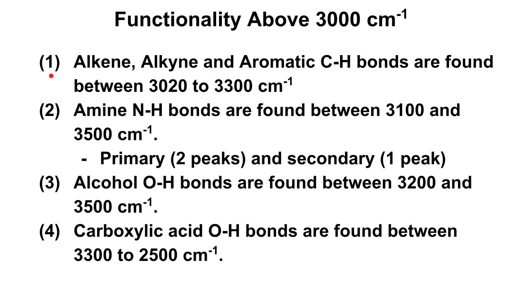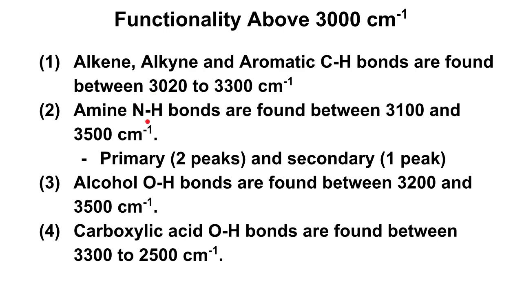Number one, you can have CH stretches found usually somewhere between, on the low end, just above 3000, like 3020 or thereabout, and it can go all the way up to 3300. Now, this is for alkene, alkyne, and aromatic CH bond stretches. So anytime you're above 3000, you're looking primarily at hydrogen stretches with various atoms.